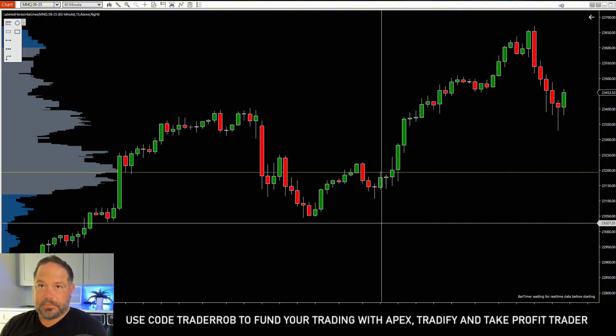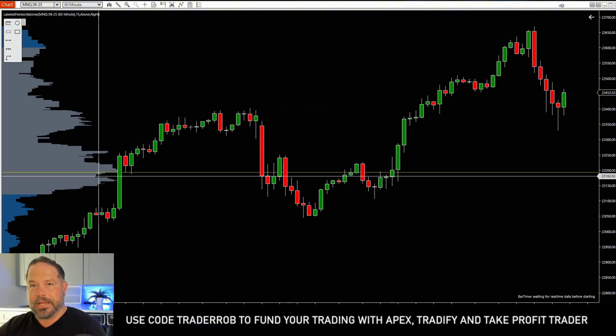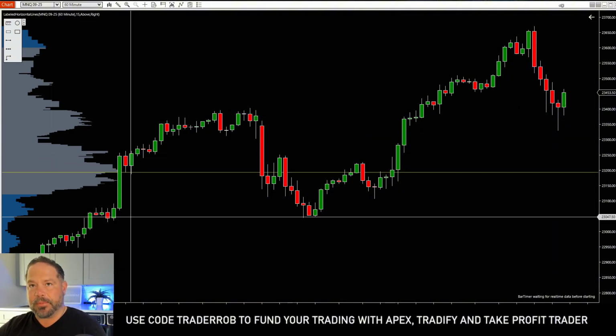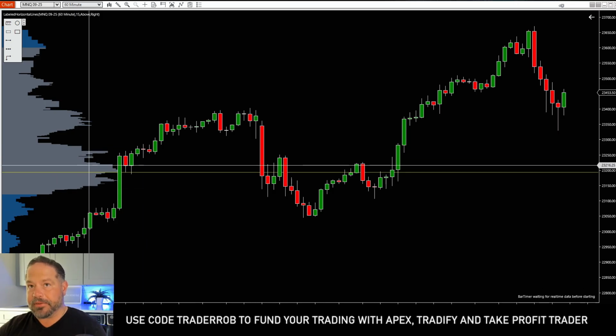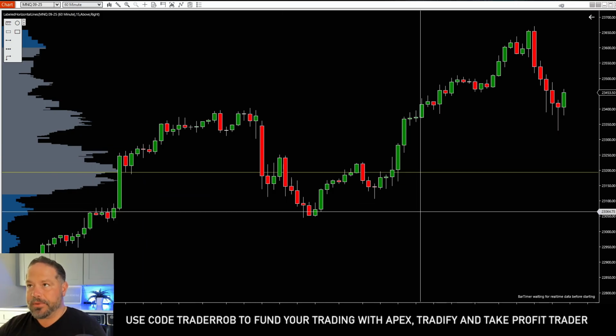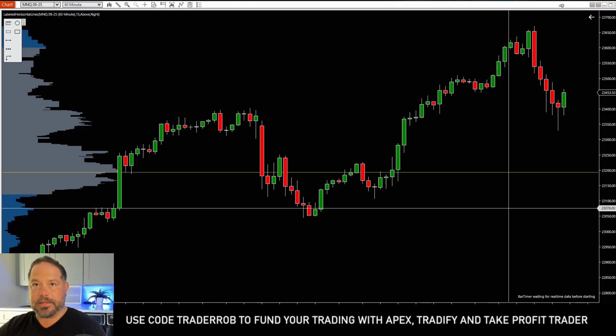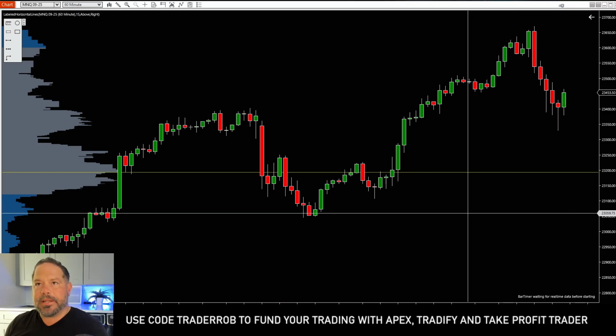So we can get an accurate representation of what the profile looked like, because obviously this looks different now. I wanted to show it as the day that I saw the setup. Now the tricky part is, one, I'm obviously going to be switching into a few different time frames here. It does take a little bit longer to load in market replay.